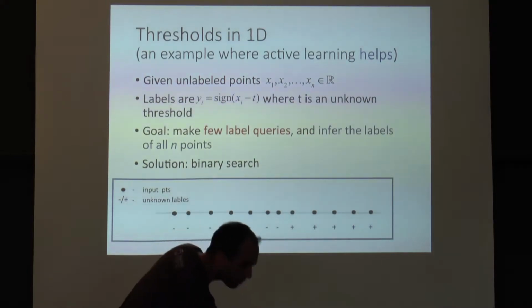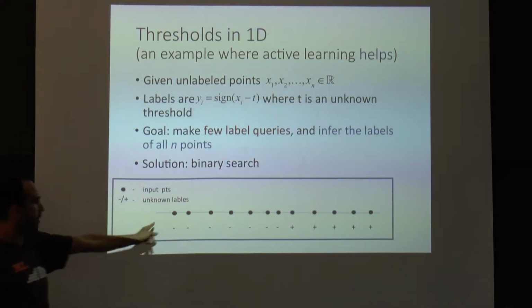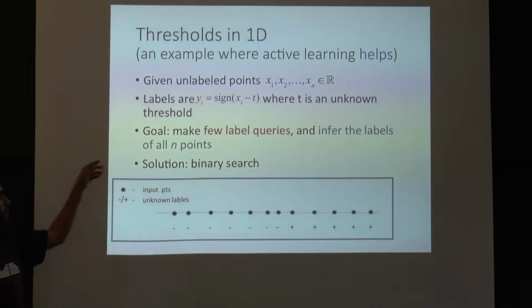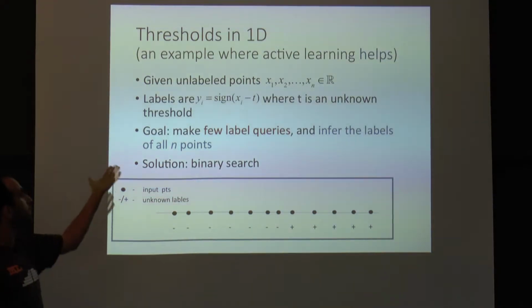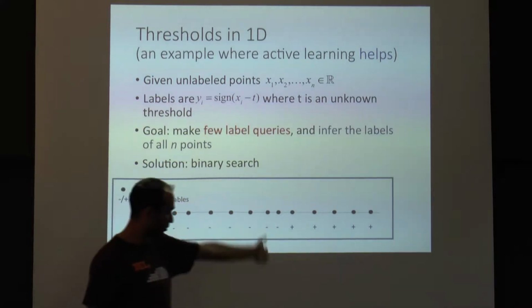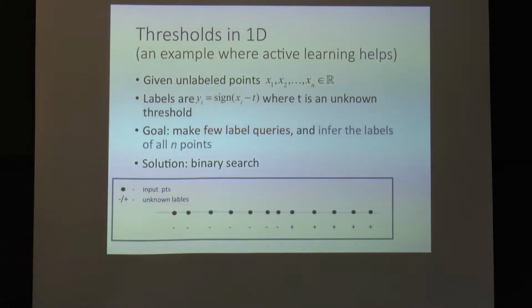Assume that we have n unlabeled points, these black points, and the labels which we don't see are according to some unknown threshold function. So let's assume there is some threshold. To the right of this threshold, everything is plus, and to the left of it, everything is minus. And the goal is to make as few label queries as possible and infer the remaining.